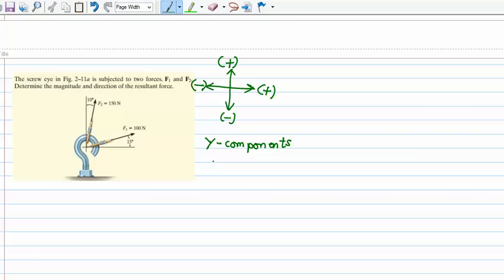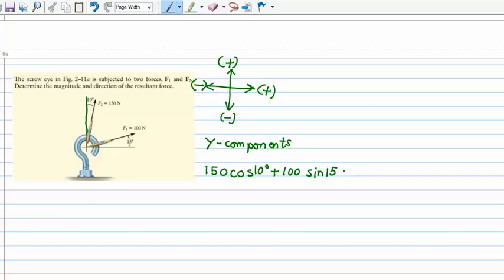for F2, its y component is going to be 150 cos of 10 degrees. So basically cos gives you the component which is closest to the force, and that is this direction right here. And the y component of the force F1 is going to be 100 sine of 15.